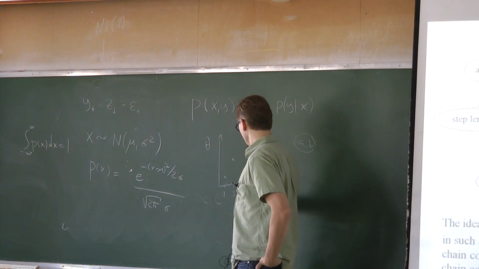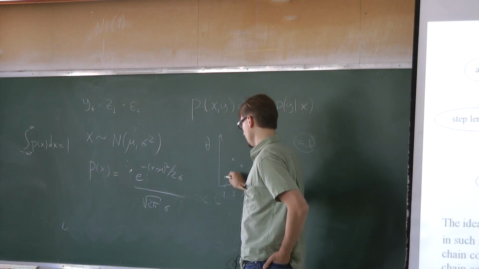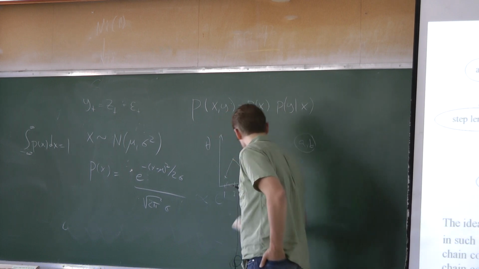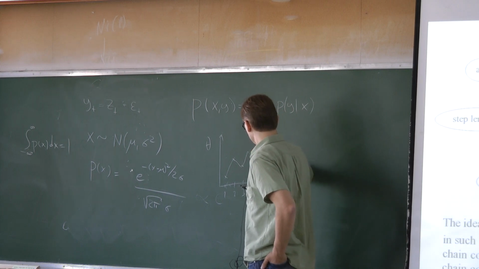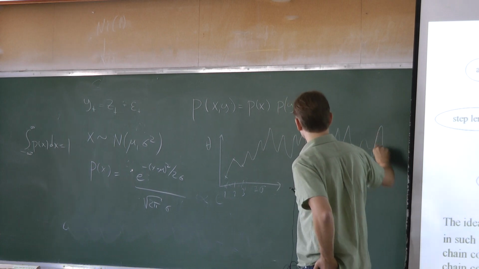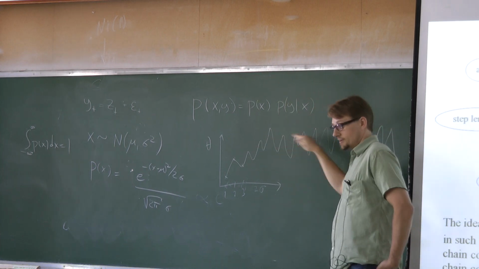Then iteration round 3, it again jumps somewhere. Often it's doing some kind of a random walk. And then you continue. And maybe it looks like this. So it doesn't converge to a single value. It doesn't kind of stop.